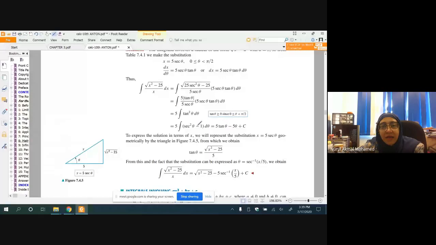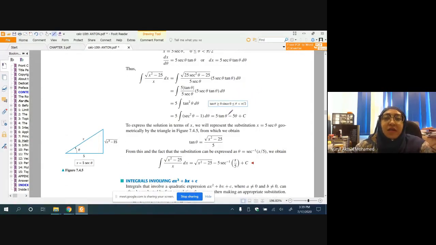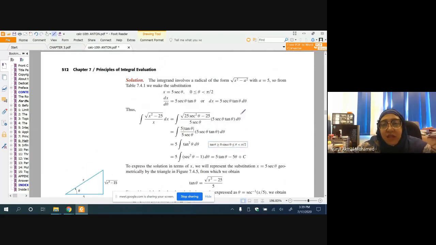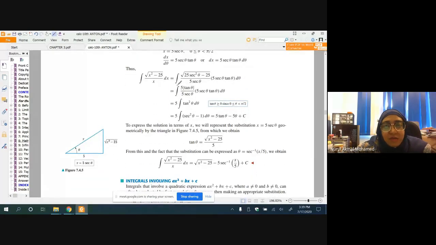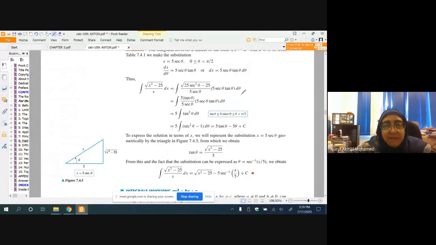Okay, and then you can solve this question at home, but we can go through the solution here. Let's see this expression, which is the solution: 5 tangent theta minus 5 theta plus c.